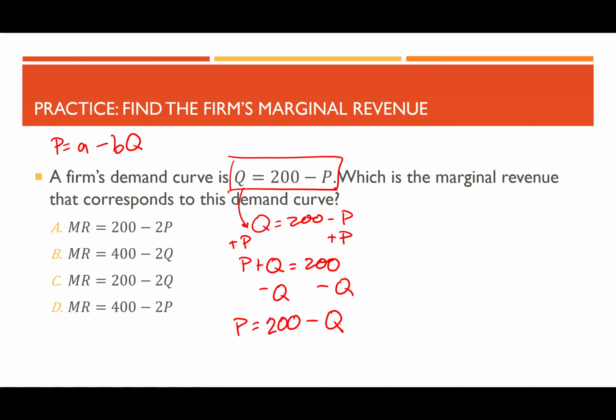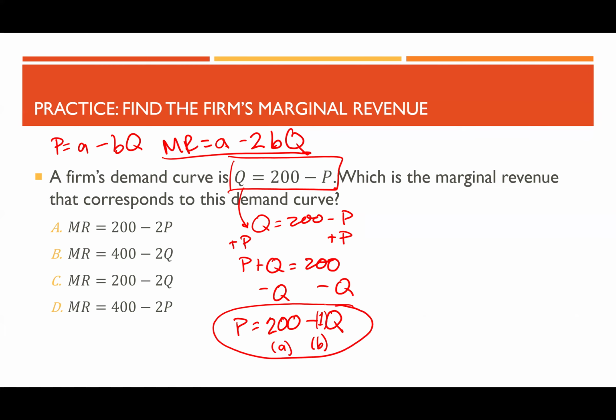So here, 200 is our A term. Our B term is this 1 that's implicitly there, right? So B is 1. And then we have quantity. And in our previous slide, we talked about that marginal revenue when we have a linear demand equation is equal to A minus 2 times B times Q. So we're going to write out our marginal revenue equation using this relationship.